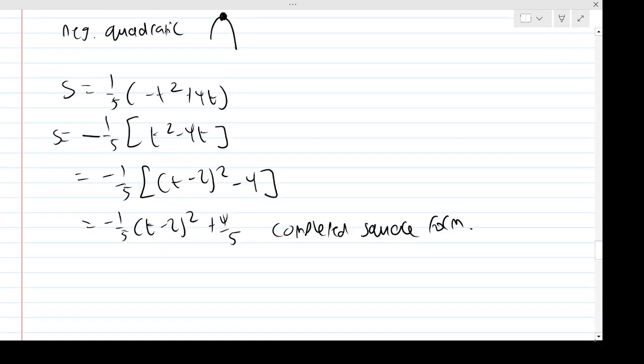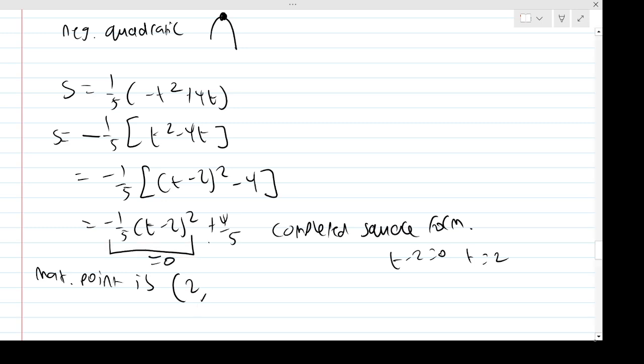So to find the turning point, so the maximum point, what is it? Well, firstly, with the completed square form, we need to set the bracket to 0. So t minus 2 is 0, which means t has to be 2. And then when the whole bracket is 0, this goes to 0, which means we're left with 4 fifths, right? So that's my maximum point, okay?